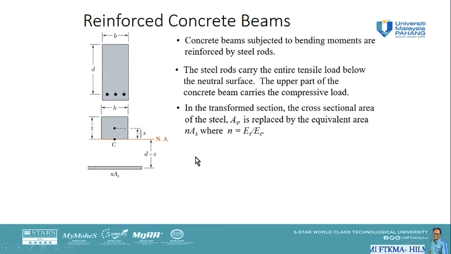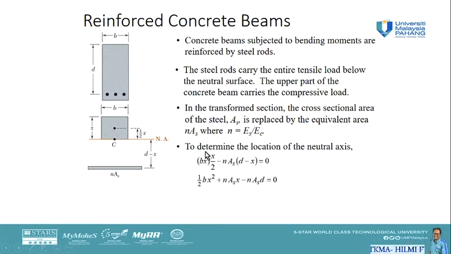So basically we are going to get this equation, where the first part is the concrete, b times x, the area of the upper concrete part, times the centroid of the first part, x over 2, minus nA_s, the area of the second part at the lower part of the cross section, times d minus x. d minus x is the distance from the neutral axis to the center line of the steel rod.